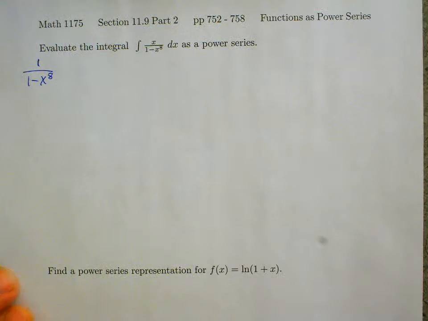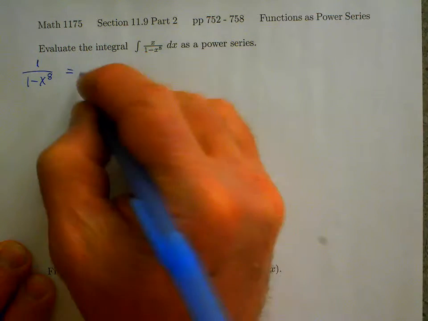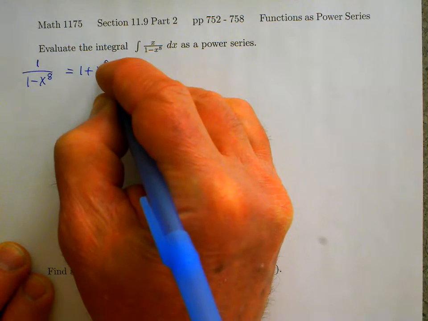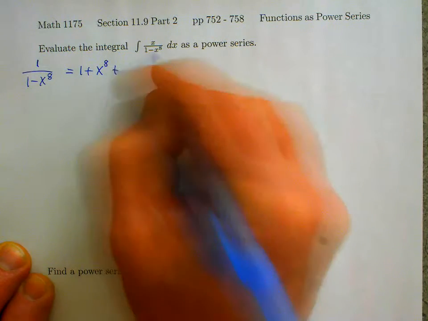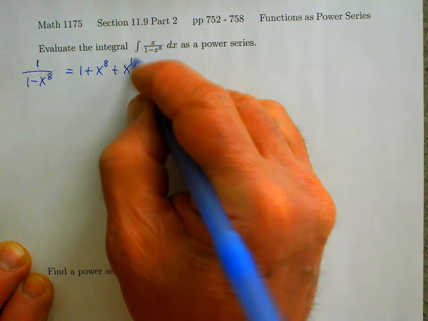So this has the form 1 over 1 minus x in quotes. So this will be 1 plus x to the 8th to the 1st plus x to the 8th to the 2nd, which is x to the 16th, and so on.